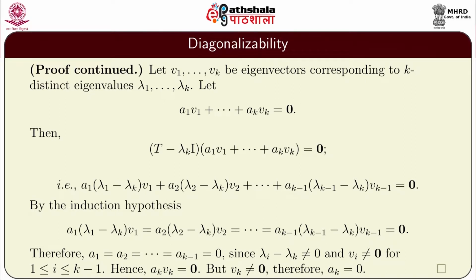Why? Because lambda 1, lambda 2 and so on up to lambda k are all distinct eigenvalues.